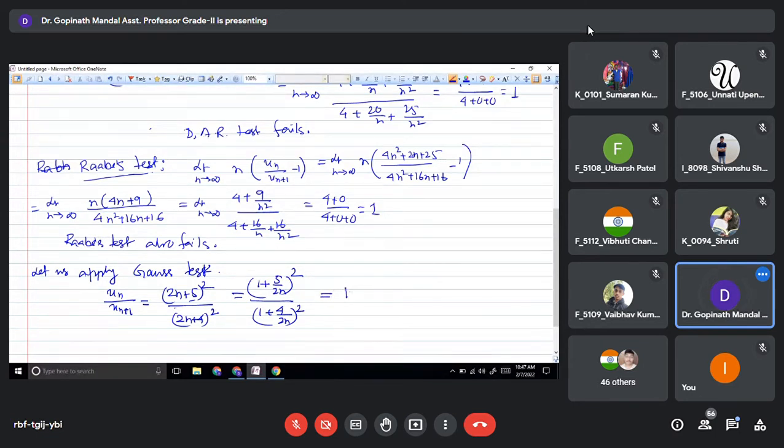So (1 plus 5 by 2n) square, that is formula 2, gives 1 plus 5 by n plus 25 by 4n square, and (1 plus 4 by 2n) to the power minus 2.